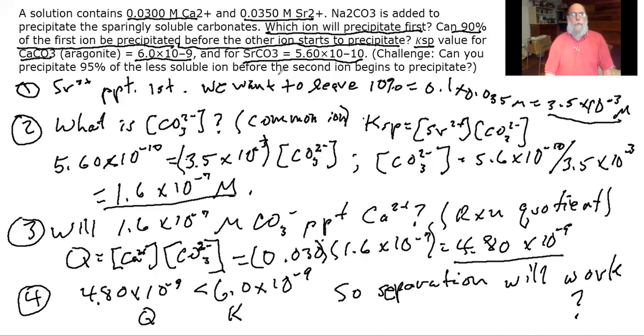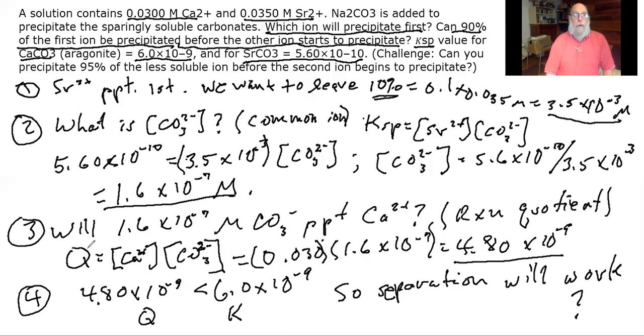In any case, that's the idea. Let's recap. Make your decision about what is a good enough separation. That's your choice. It's arbitrary. So 0.1 is left. We want to drop out 90%. And then that times our initial concentration gives us what we hope to have. So at that strontium concentration, we use the common ion effect to calculate the carbonate concentration at that time.